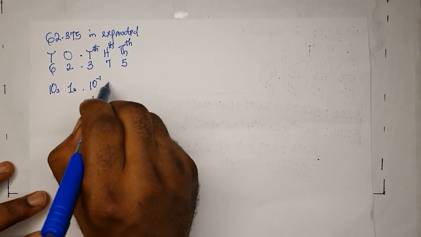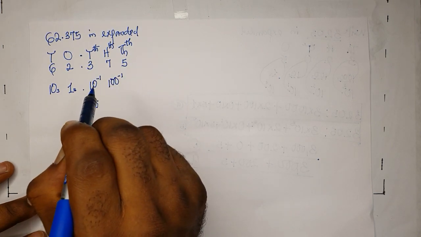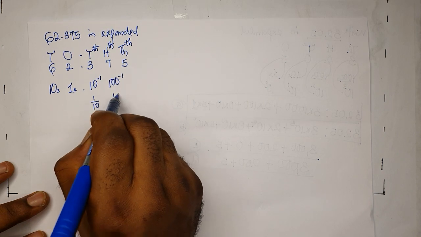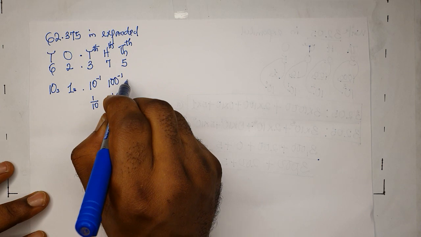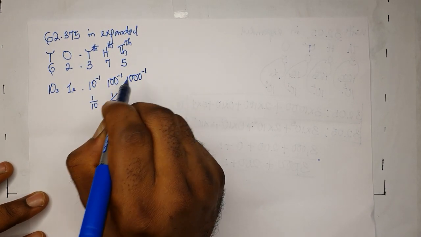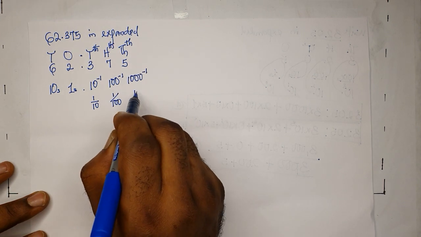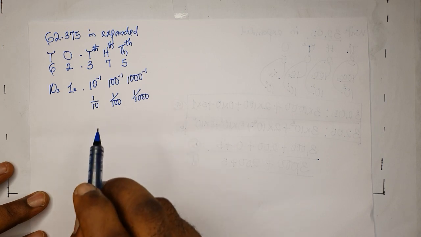Hundredth is the same thing as 10 to the power of negative 2, or you can express it as one hundredth fractionally. While the thousandth place is the same thing as 10 to the power of negative 3, which you can also write as one thousandth fractionally, like this.